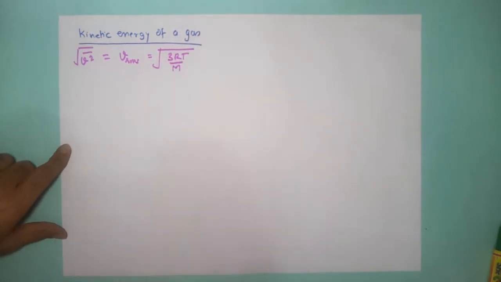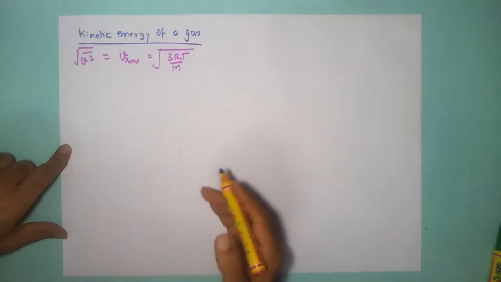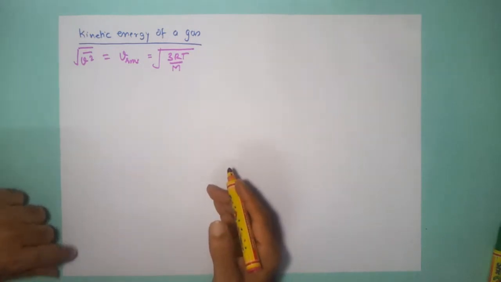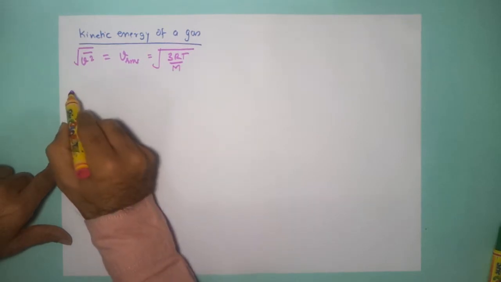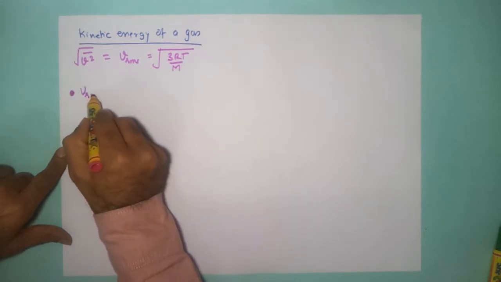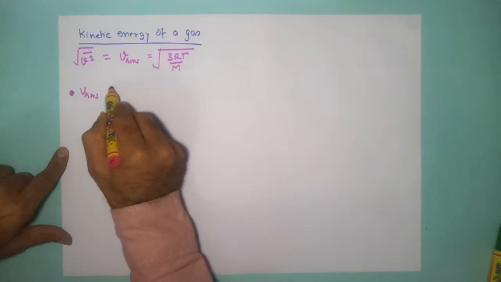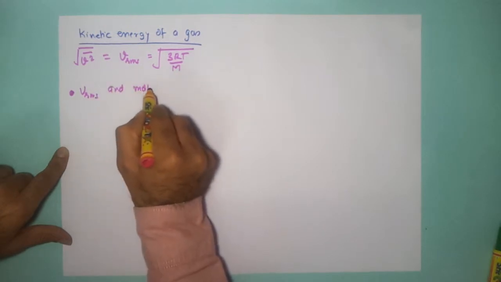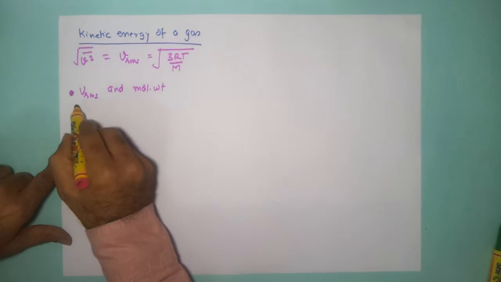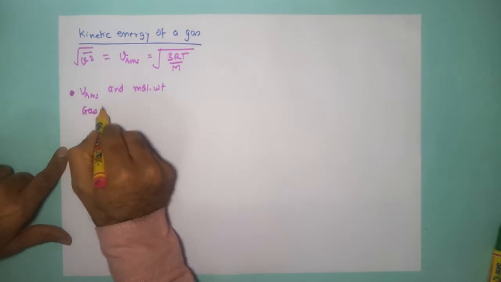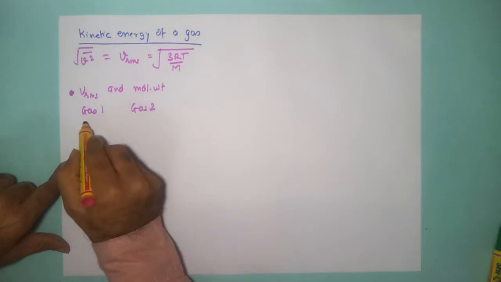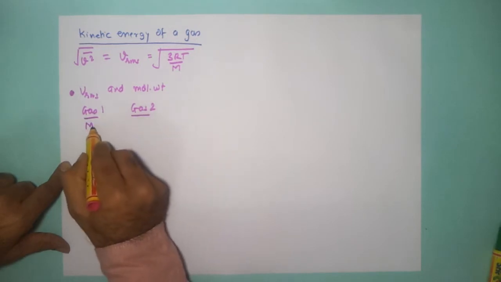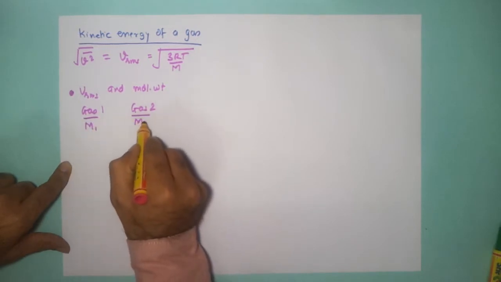In this video, I'm going to help you understand two aspects of kinetic energy. The first is the relationship between VRMS, that is root mean square velocity, and molecular weight of a gas. So let us say we have gas 1 and gas 2, two different gases, and their molecular weights are M1 and M2.